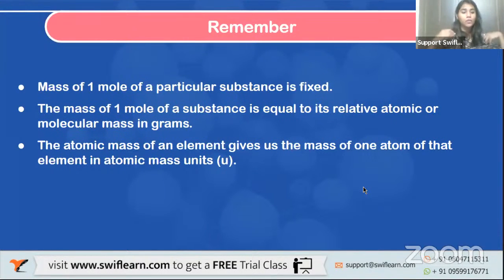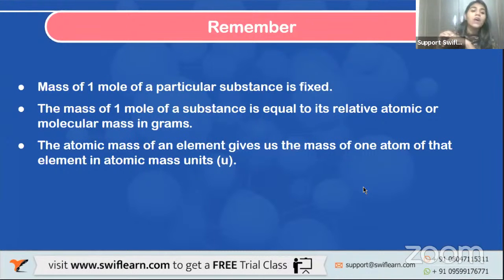Now, moving ahead, mass of 1 mole, a quick recollection of what we have learned till now. Okay. Mass of 1 mole of a particular substance is fixed, right? Mass never changes. Different elements will have different masses. But 1 mole of hydrogen will have a particular mass, that is 1 gram of hydrogen atoms, which will be fixed throughout.